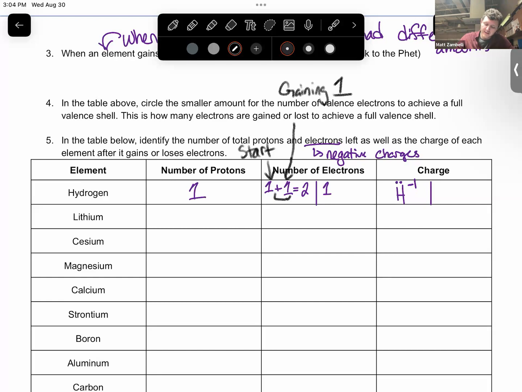Now, if hydrogen started with 1, and it lost 1, it would have 0. So that means hydrogen, that dot that it had, that electron it had, goes away, right? It's gone.